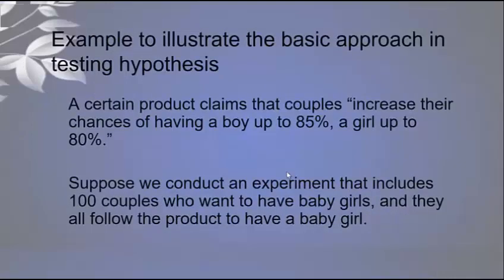Example to illustrate the basic approach in hypothesis testing. A certain product claims that couples increase their chances of having a boy up to 25%, a girl up to 80%. Suppose we conduct an experiment that includes 100 couples who want to have baby girls, and they all follow the product to have a baby girl.